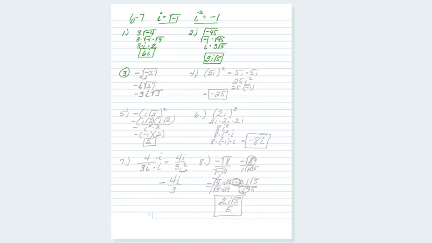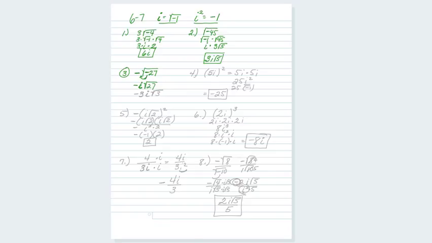Example 3, if we have a negative that starts out in front of the square root of negative 27, these two negatives do not cancel each other out. They mean two different things. This negative underneath the radical is an i. Taking the shortcut, instead of writing the square root of negative 1 and then changing it to i, this negative comes out, and so we have a negative i square roots of 27.